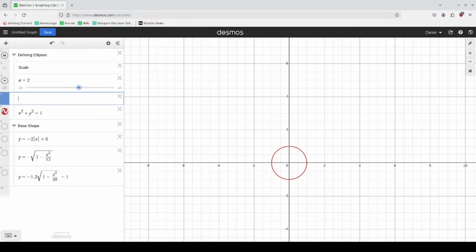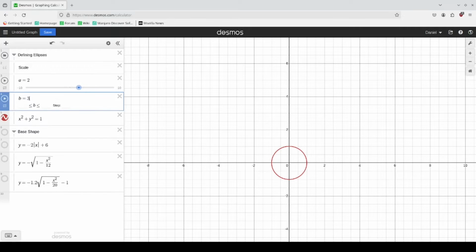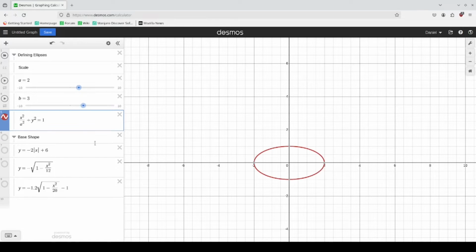I would like the 2 numbers to be different so that you can see how we're planning to use them. So this would be a squared, and this would be b squared.